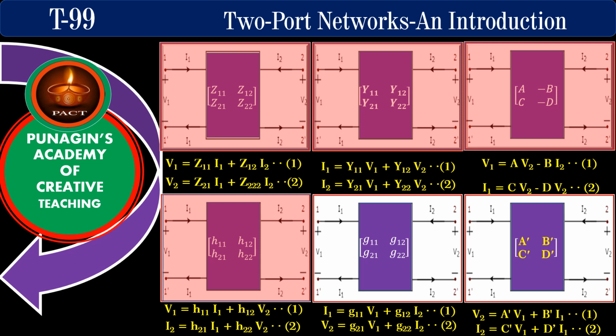These are the two dependent variables. Once you know these dependent variables, you can write the equations very easily. Hope you clearly understood how we got the two-port equations relating the dependent and independent variables.